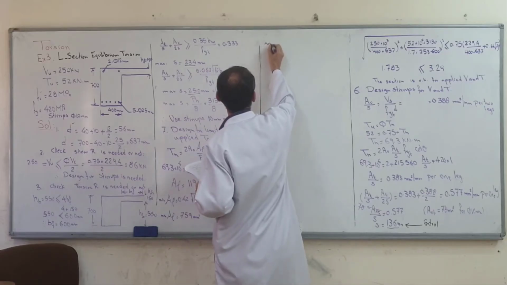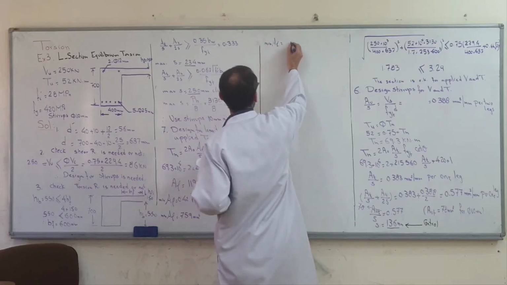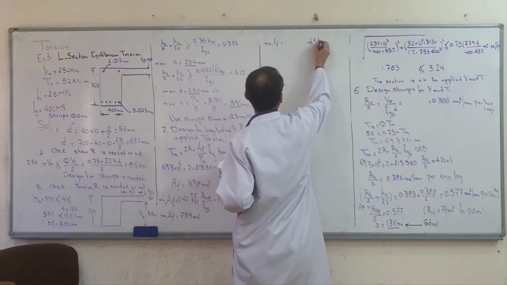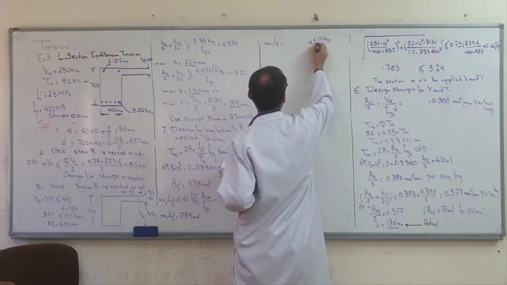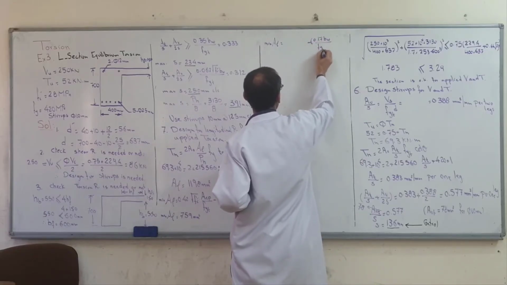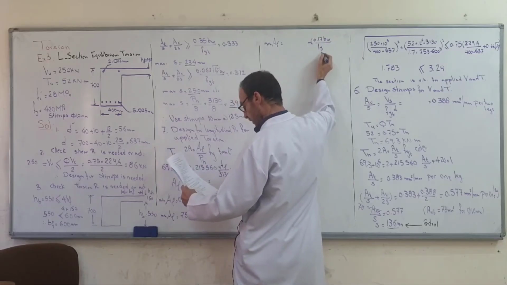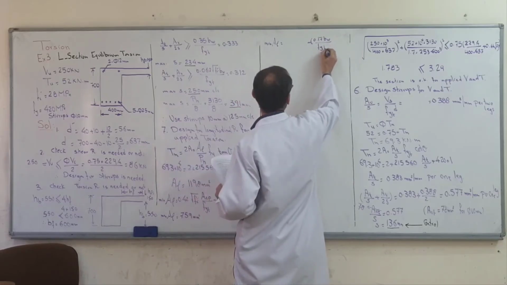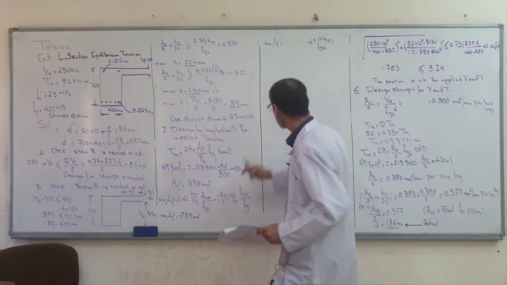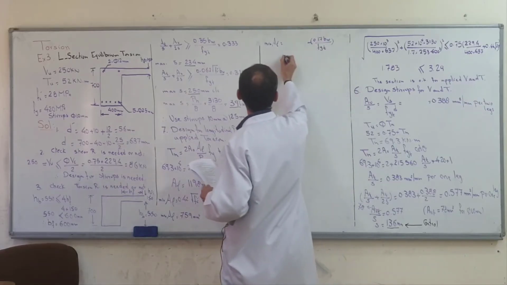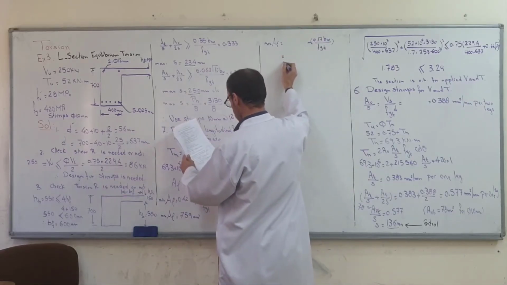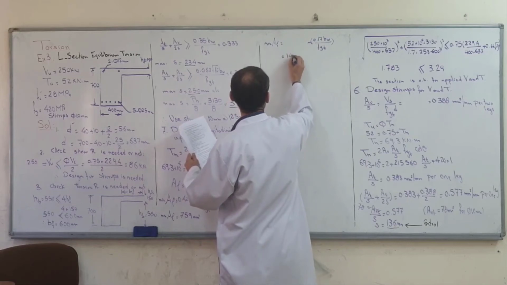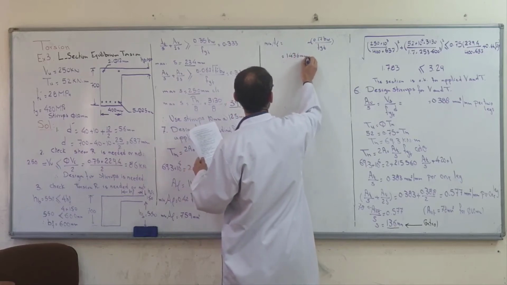It is similar, but we have minus 0.17 b web over Fyt in place of the At over s term. Substituting here, we get 1436 millimeter square.